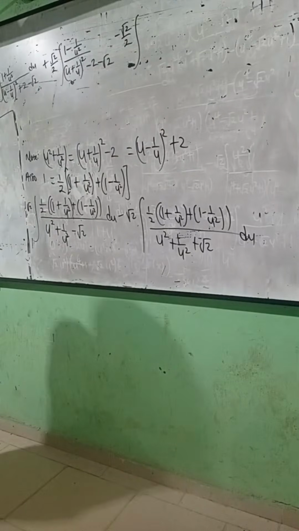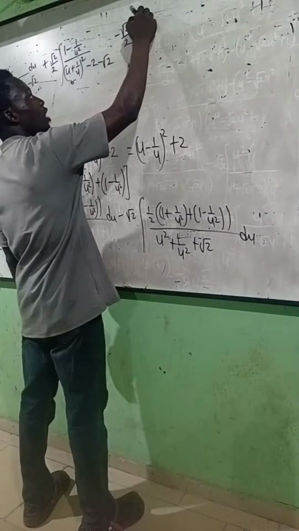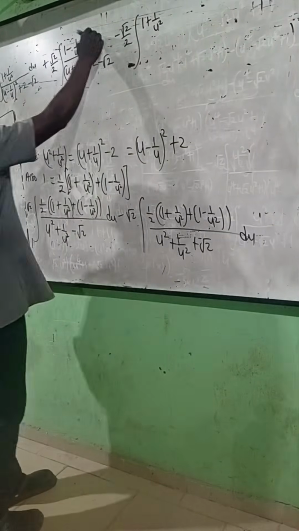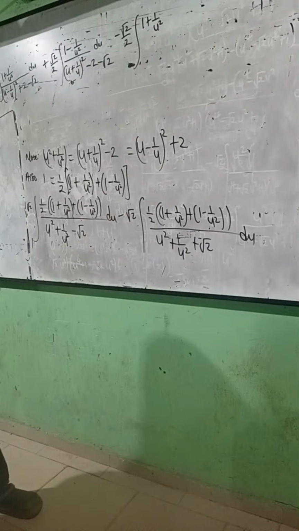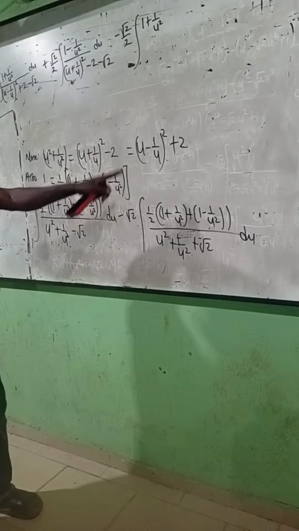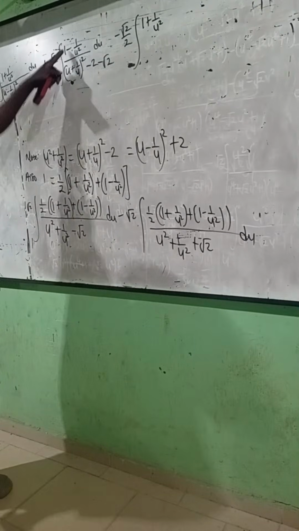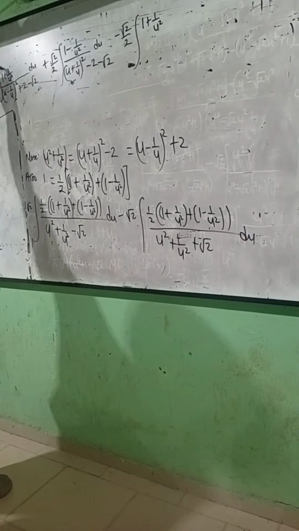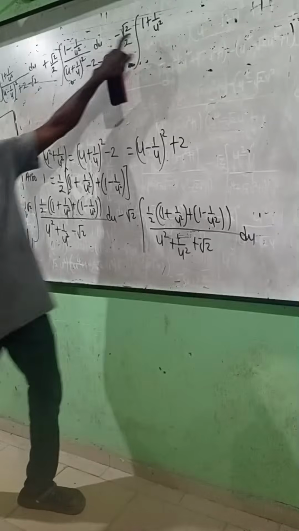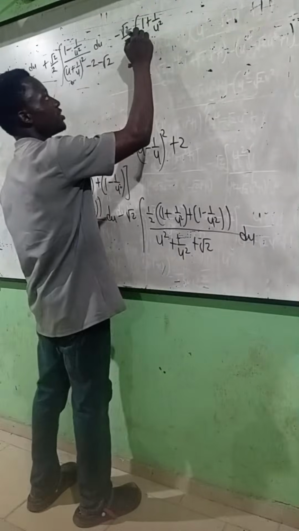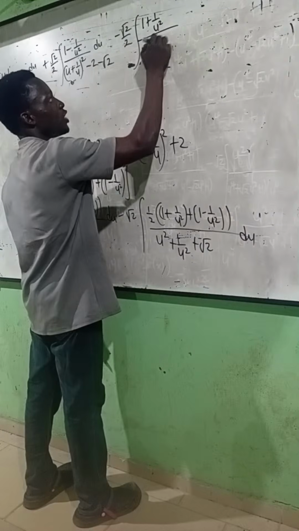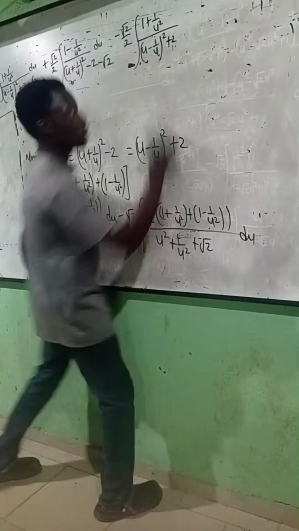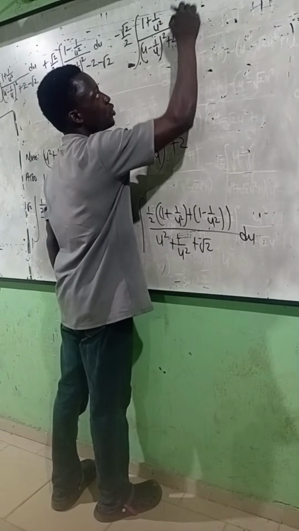integral of, we're almost done, 1 plus 1 over u squared, this is the u, 1 plus 1 over u squared, the whole thing will fit here, minus to plus, so once we differentiate we get plus, so then we get minus. Okay, this one will fit here, u minus 1 over u all squared plus 2 plus root 2 du.